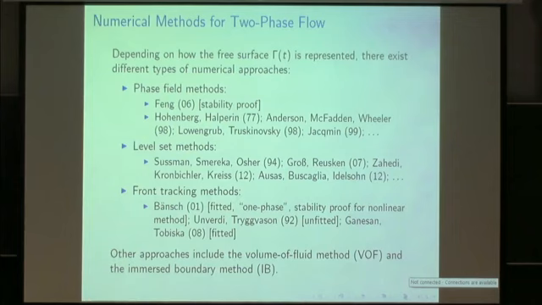You introduce a phase field parameter which has roughly constant values in one phase, another constant value in the other phase, and varies smoothly between these two. Then with careful asymptotic expansions, you can often prove that as your smooth interface thickness goes to 0, you actually recover the sharp interface problem.